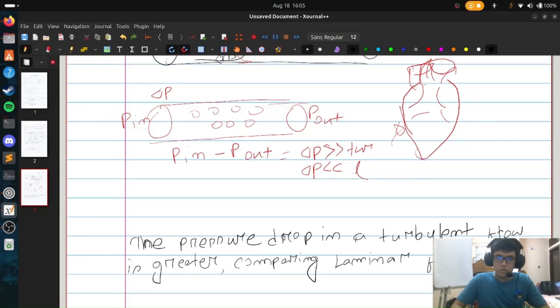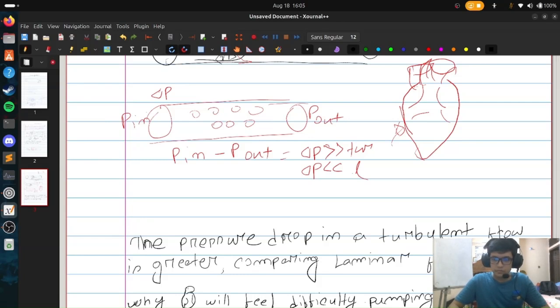So that's why the heart, I'm going to draw it like this here, will struggle pumping blood through the body. So that's it, guys. This is what I was trying to teach you about.